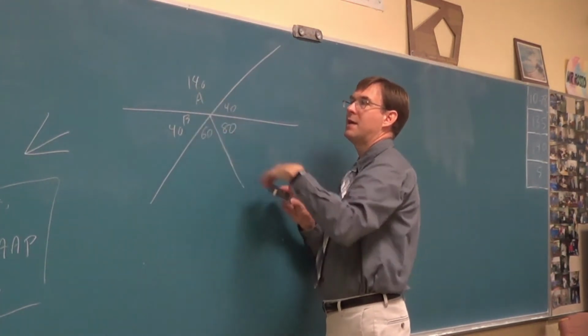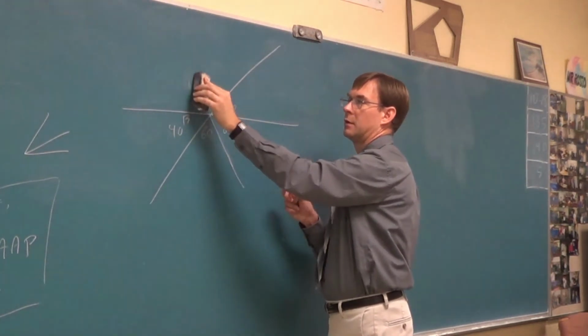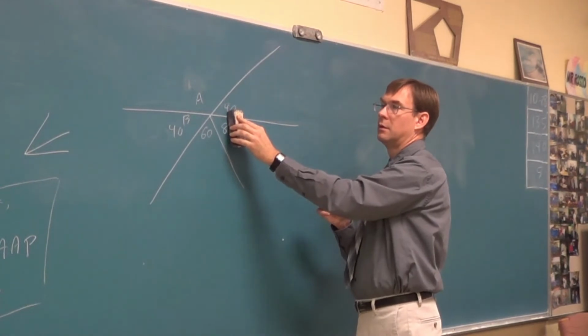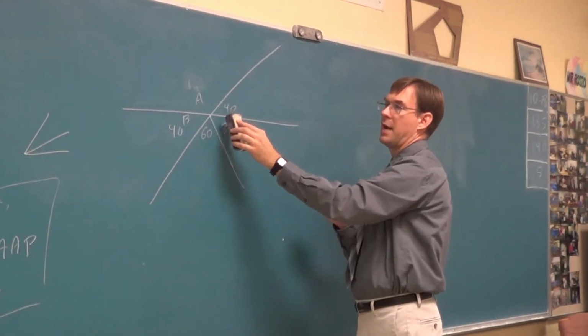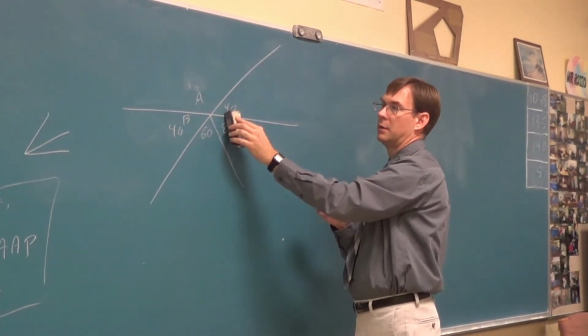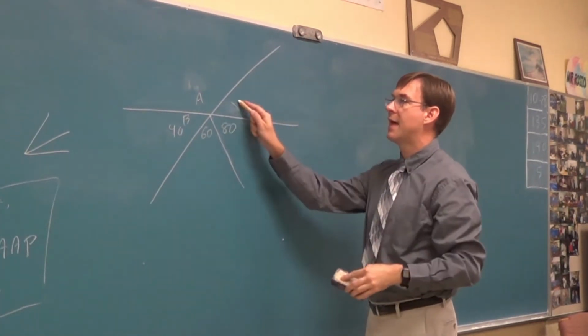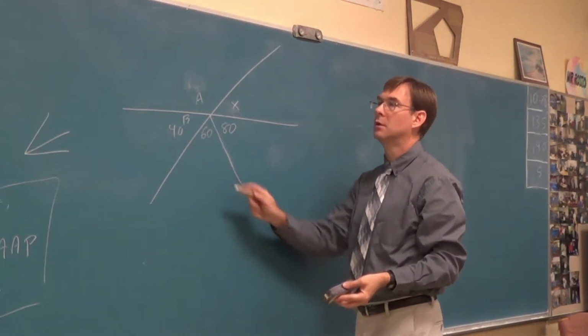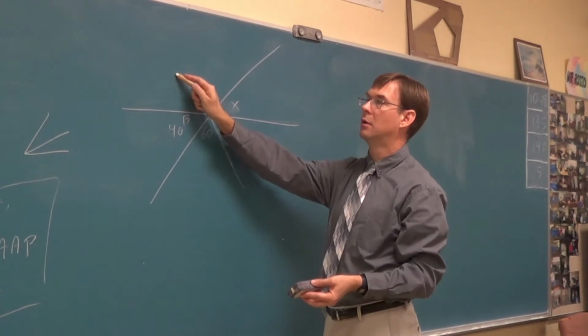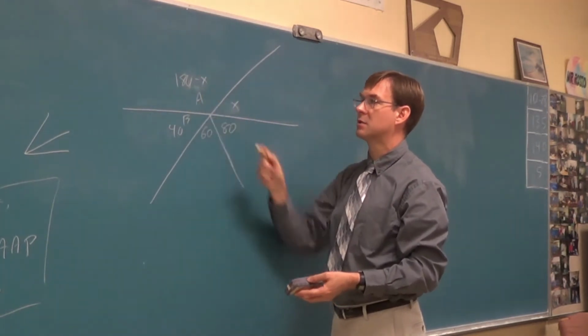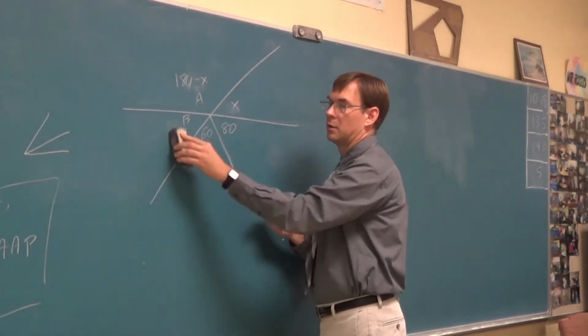How did we make this 140? How did 140 get created, probably from the 40? Subtracted. So let's say that was an X. What would this be? 180 minus X. What would this be?